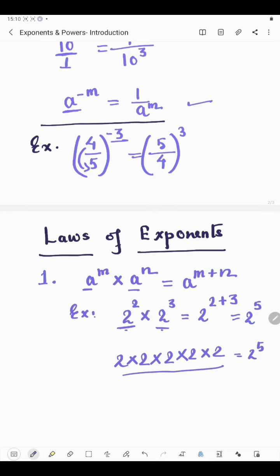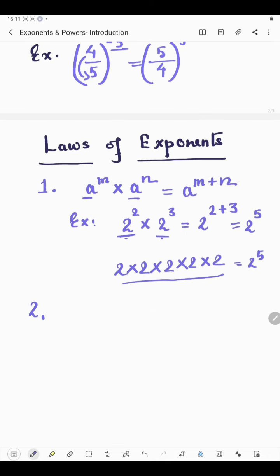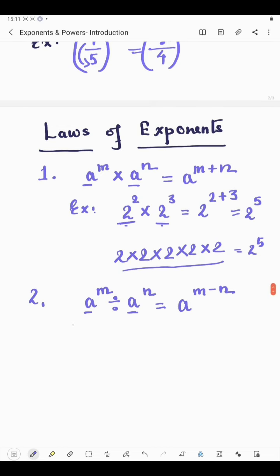Now coming to the next law. Law number 2 is a to the power m divided by a to the power n. When we have the same base and in between divide sign is there, then powers are subtracted. So we'll write the base and we'll just subtract the power. So it will become a to the power m minus n. Now just take an example based on this.